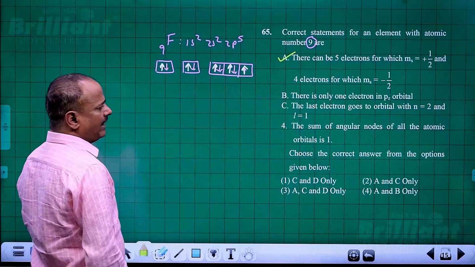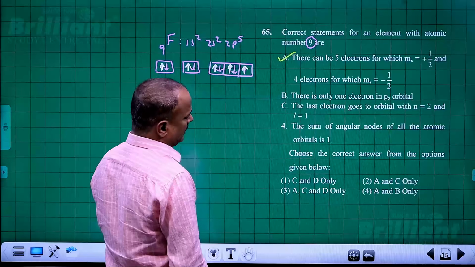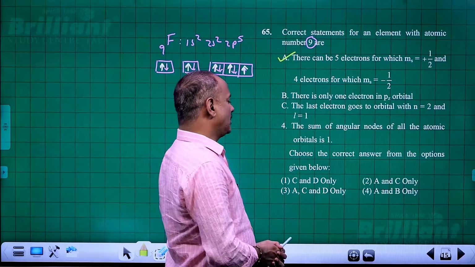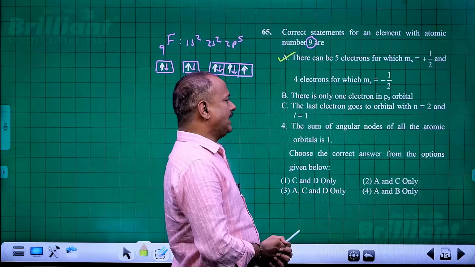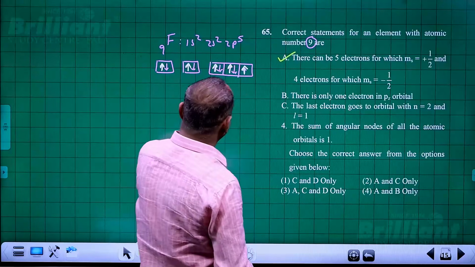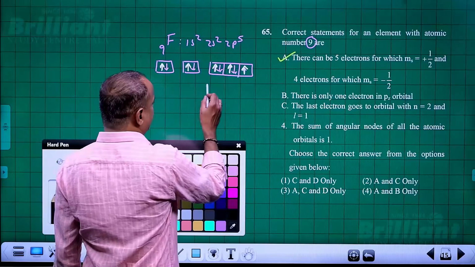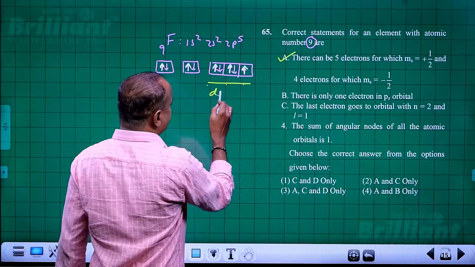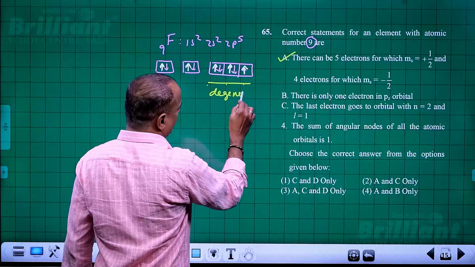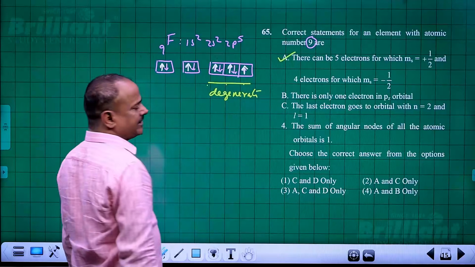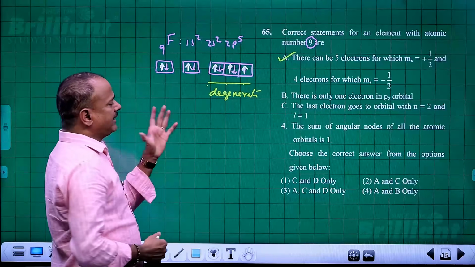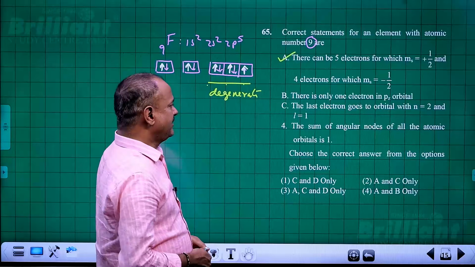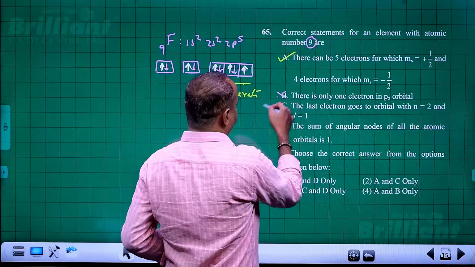There is only one pz orbital. Correct, one electron. But we cannot confirm that one electron is pz. So which is pz here? Don't take px, py, pz, because they have degeneracy, the same energy, only the direction is different. So we cannot predict which is z. Any one can be z. That's why it is not decided.